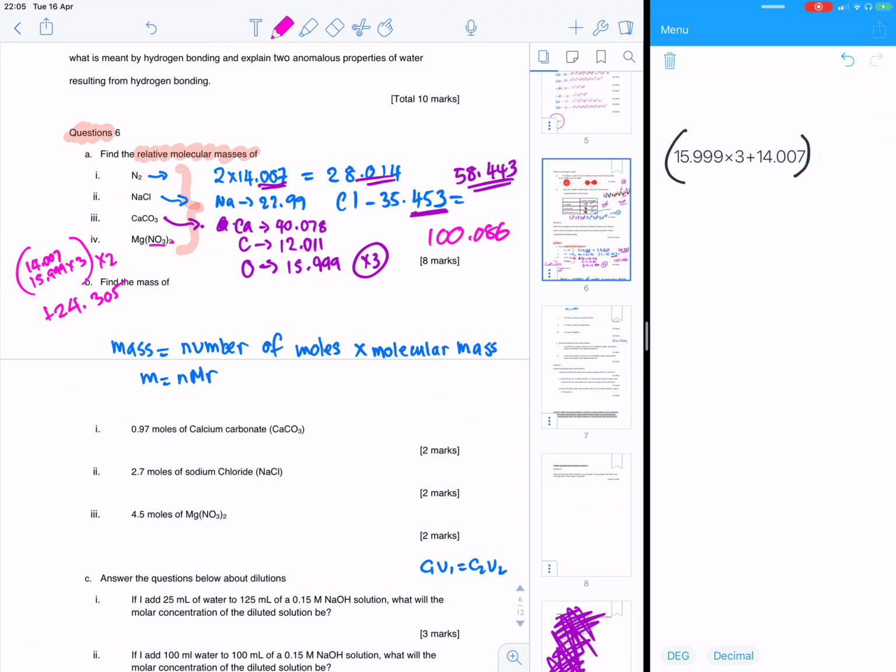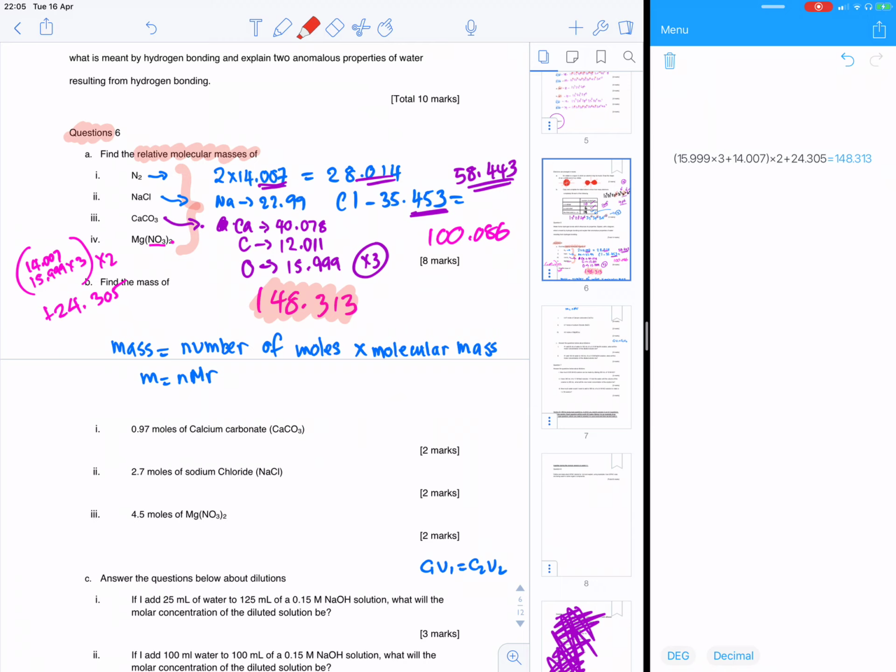Then we want to multiply this by 2. It will give us 124. Then we want to add plus 24.305. So the answer is 148.313. So that will also depend on the number of decimal places that's allowed.